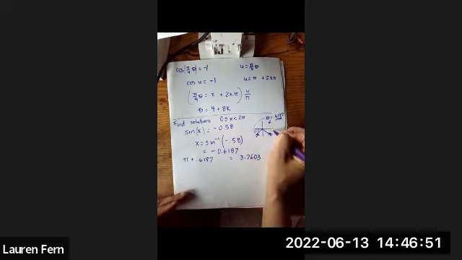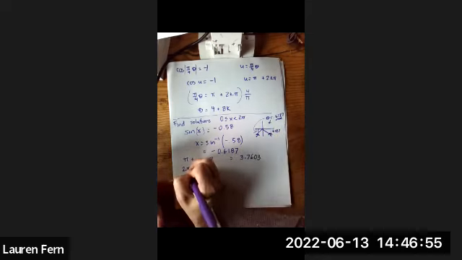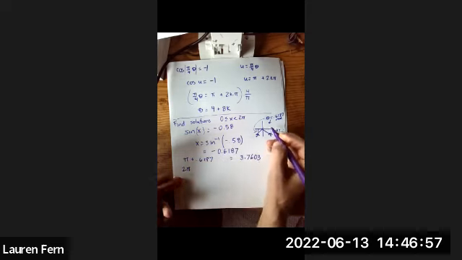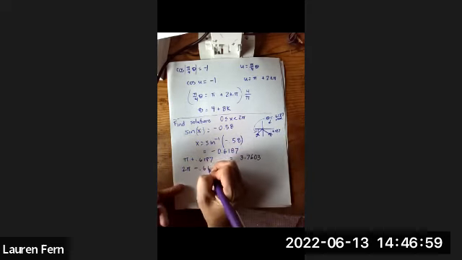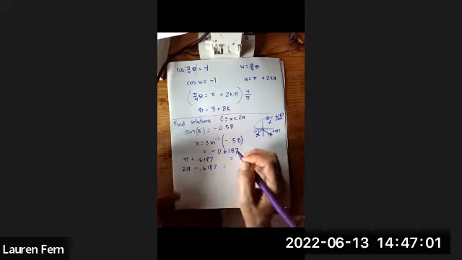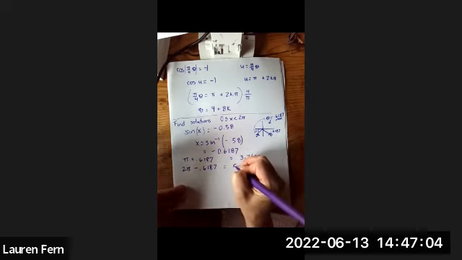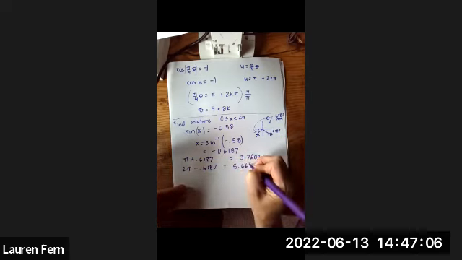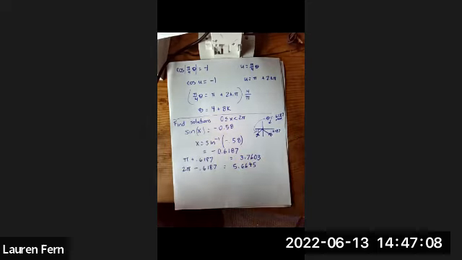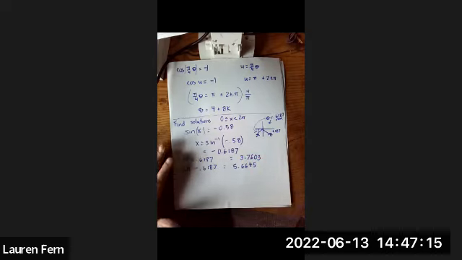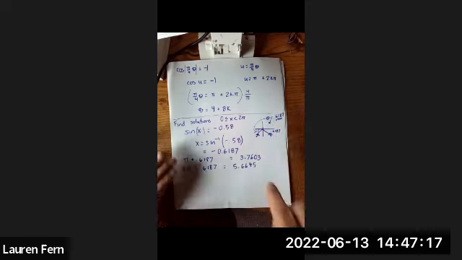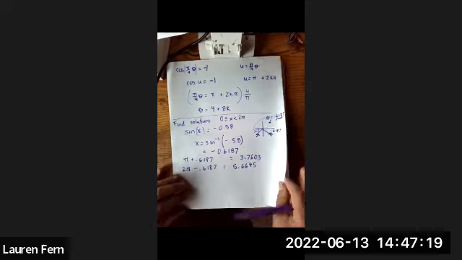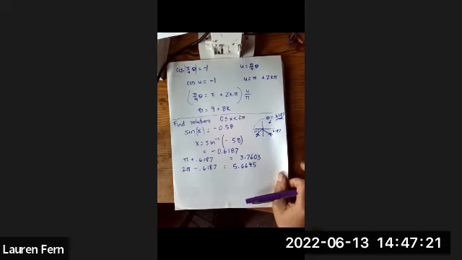But if I want to think about it as this is my reference angle, I could take 2 times pi minus this 0.6187, and I'm going to get 5.6645. It's a little funkier when you have to use a calculator, okay? But remember, you're finding your reference angle, and then you find the angle in each of those quadrants.